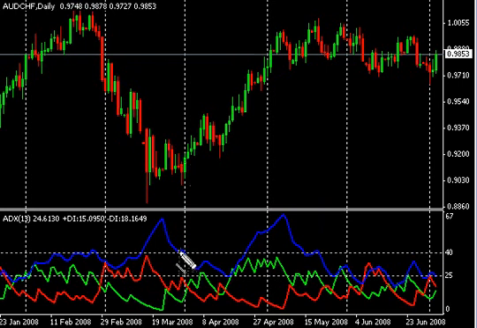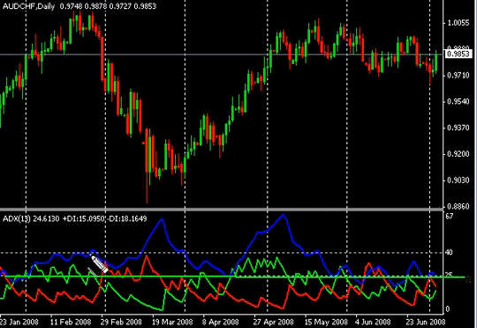As a general rule, when the blue line is above the 20, in this case we're going to use the 25, that's the preset in the Forex, it works pretty good. When it is above the 25, anything above that range, it is trending, or it has started a new trend.